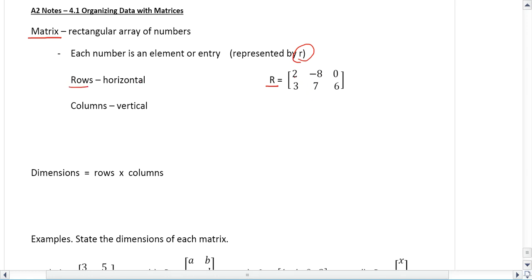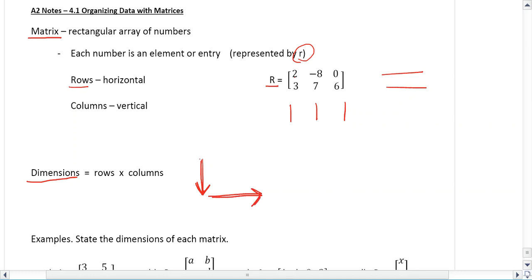So the rows in a matrix run horizontally. These two are the rows. The columns run vertically. These are the columns. And when we are asked to give the dimensions of a matrix, it's the number of rows by the number of columns. And the way I remember this is I picture the letter L. So counting down like this, we count how many rows, and then counting over, we count how many columns.